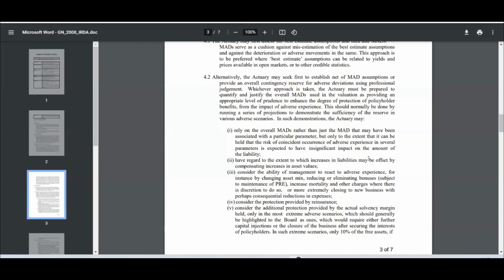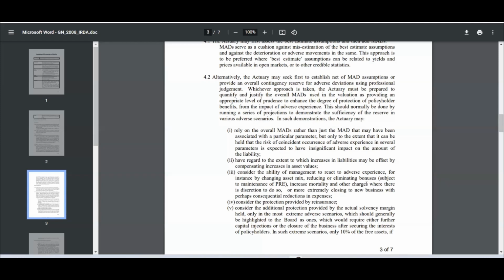That is also an adverse scenario action that management can take. Management can close the new business, so that there will be a considerable reduction in the expense and hence the reserve. So only in those adverse, extreme situations, a portion of the free capital of the participating fund, which is 10% of the participating fund, can be used to provide additional protection.